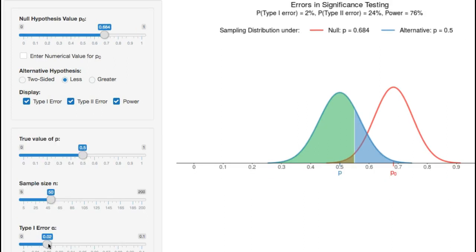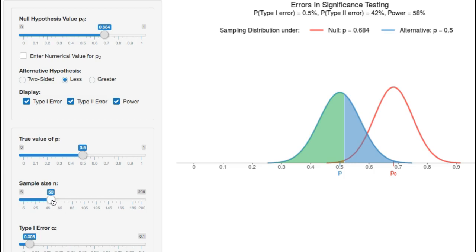I'm just going to change my alpha. You can see alpha is getting smaller, my beta is getting bigger and my power is decreasing.